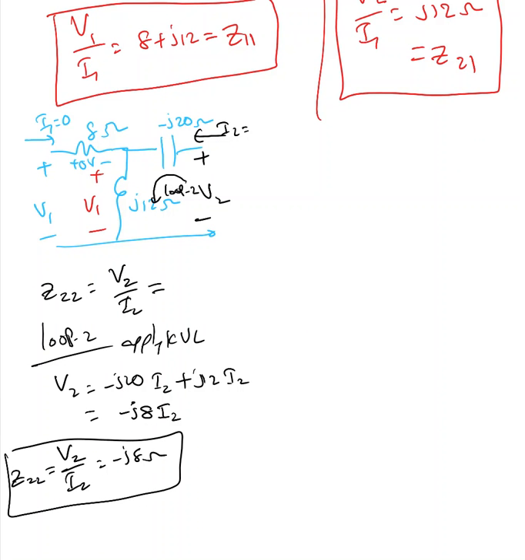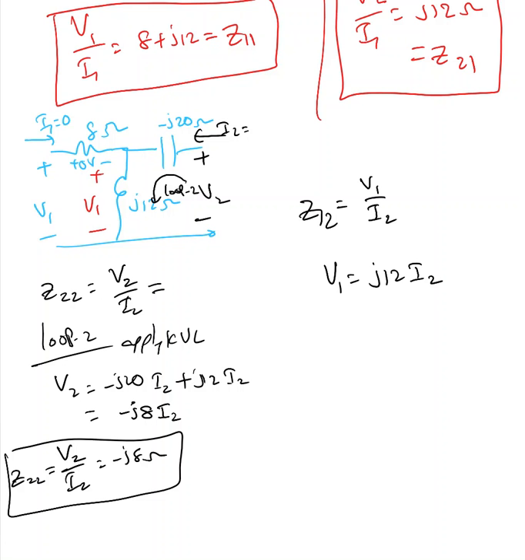Now I'll find Z12. Z12 from the given circuit is V1 over I2 when I1 equals 0. Can I write from this given circuit V1 equals J12 I2?